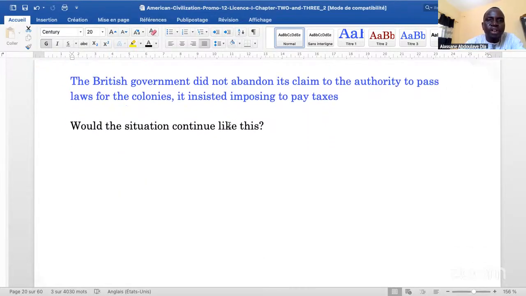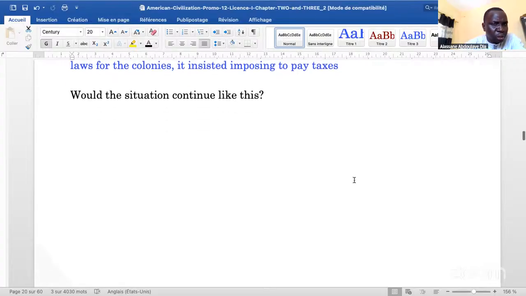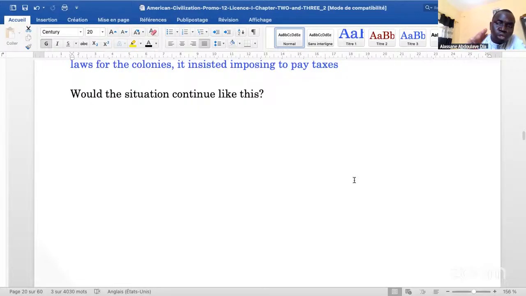So the British government did not abandon its claim to the authority to pass laws for the colonies. So it means even though the colonies did not want to pay taxes, the British continued imposing taxes. Would the situation continue like this? This is a big question. Would the situation continue like this? This is a very important question.